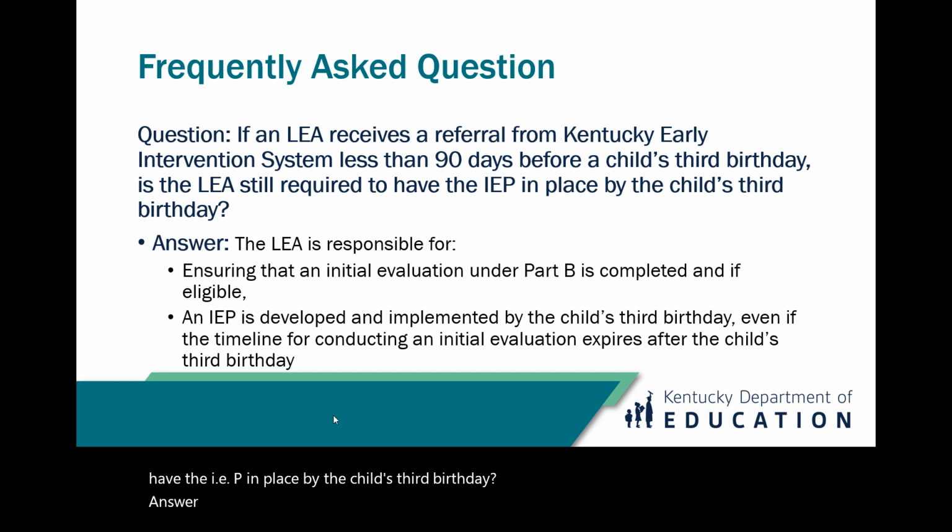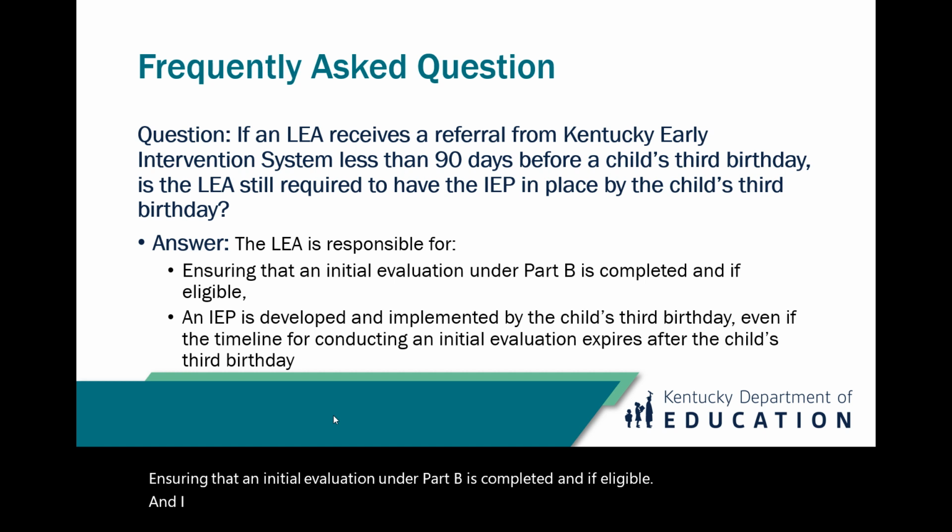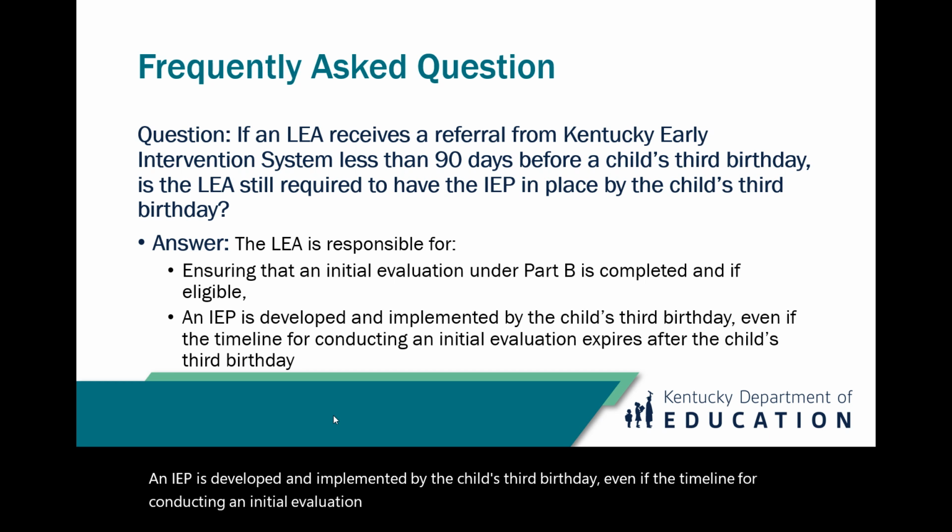Answer: The LEA is responsible for ensuring that an initial evaluation under Part B is completed and, if eligible, an IEP is developed and implemented by the child's third birthday, even if the timeline for conducting an initial evaluation expires after the child's third birthday.